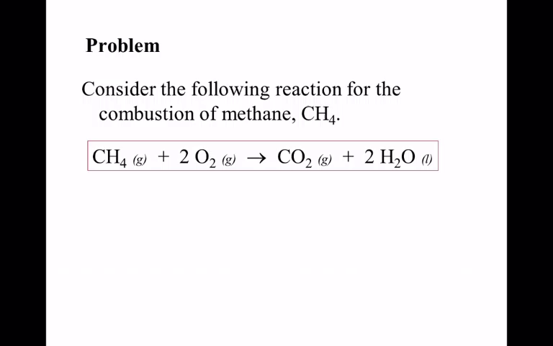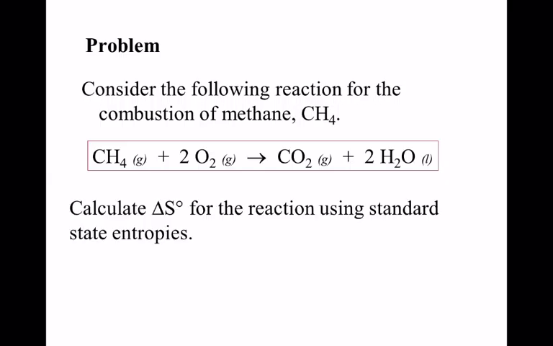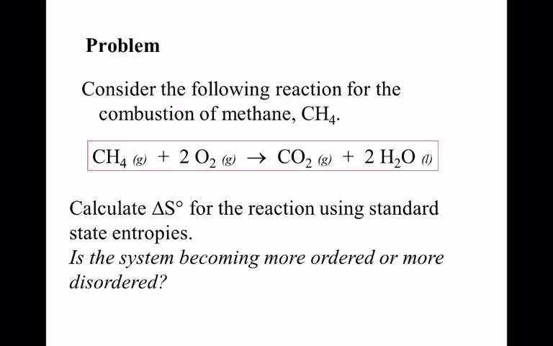Okay, so let's work a problem. We're burning CH4, we're burning methane. Of course, the products when you burn a hydrocarbon are carbon dioxide and water. And this is balanced. So we're going to knock out 1 quantity.